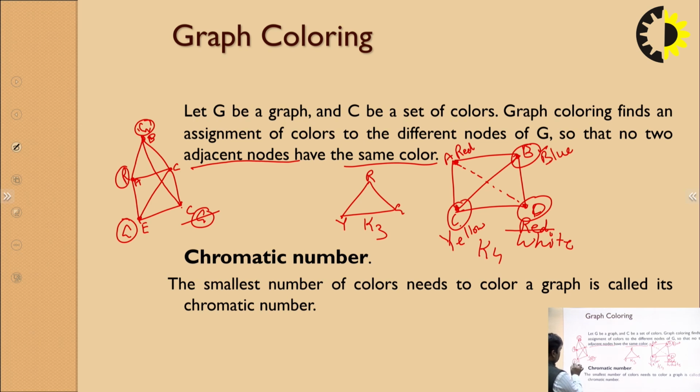And vertex C is adjacent to vertex E that also has green color, then we cannot put green here, but we assign red color because vertex A is not adjacent to vertex C. If we add this vertex between A and C, then vertex A and C will be adjacent, then we cannot put the same color red.